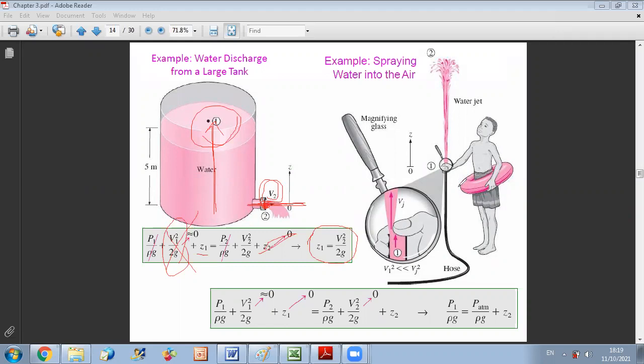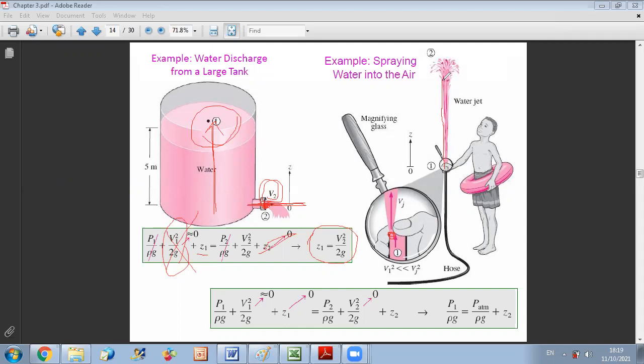Another example, if I consider a tube containing water at a certain pressure and it was closed first, then I opened a very small area so that water can exit as a jet. And my purpose is to determine, if I do this, what will be the maximum height reached by the jet. This is the question.